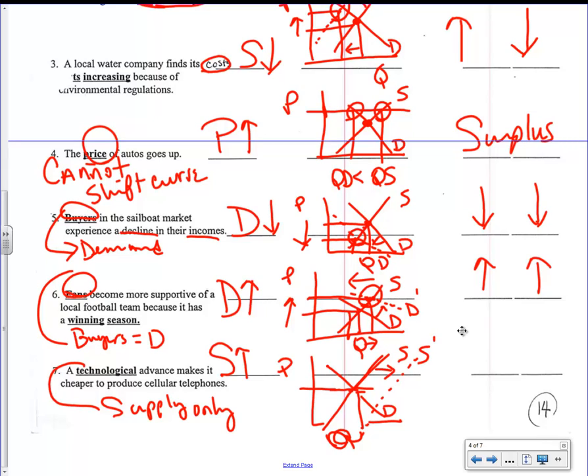Increase to the right, decrease to the left. So now we have this new equilibrium. So price has fallen and quantity supplied has increased. Price has gone down, quantity supplied has gone up because supply has increased.